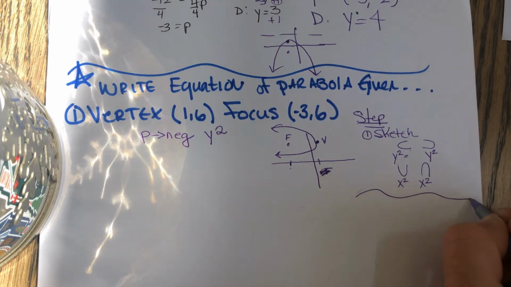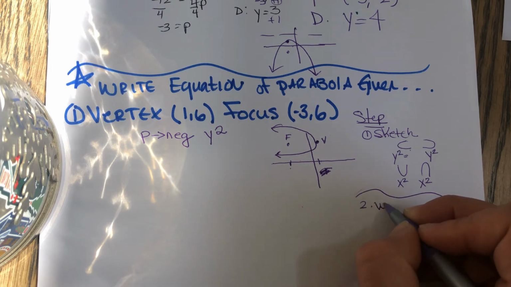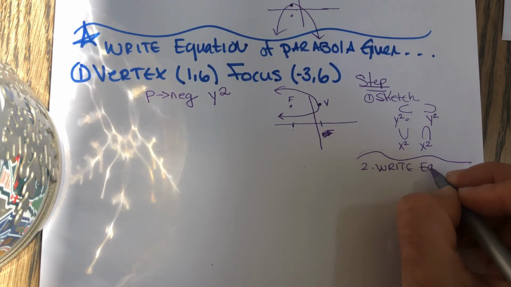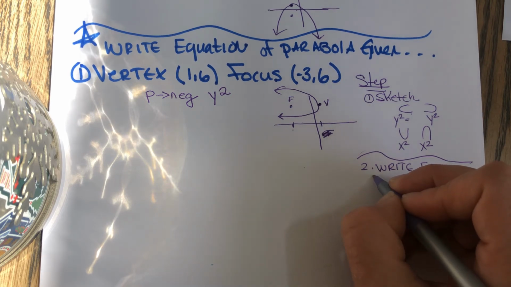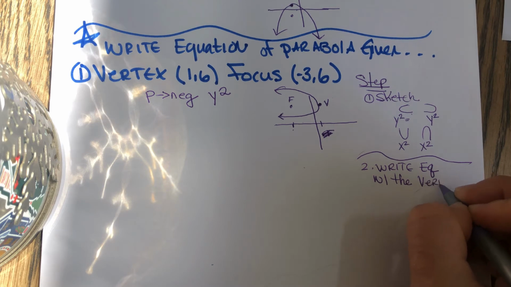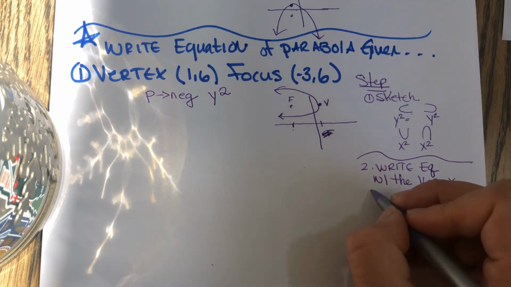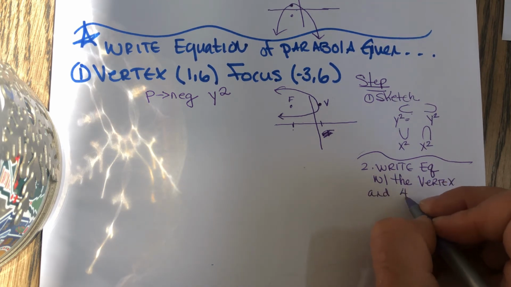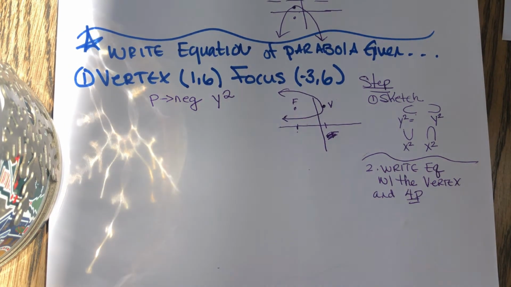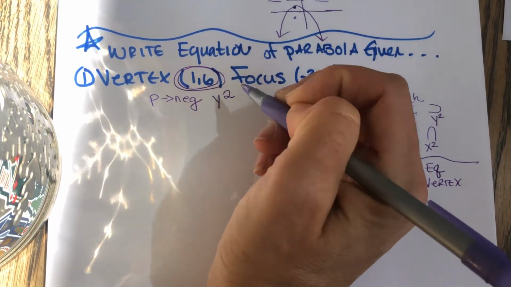Okay, so second step we'll say is write your equation with the vertex and for p. Okay, so watch. So that was your first step. So now we're gonna write the equation with the vertex. Here is my vertex, ignore that.